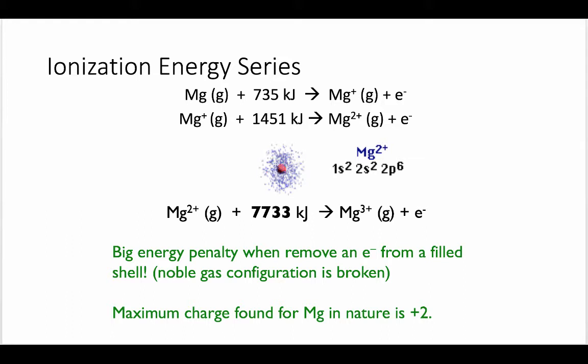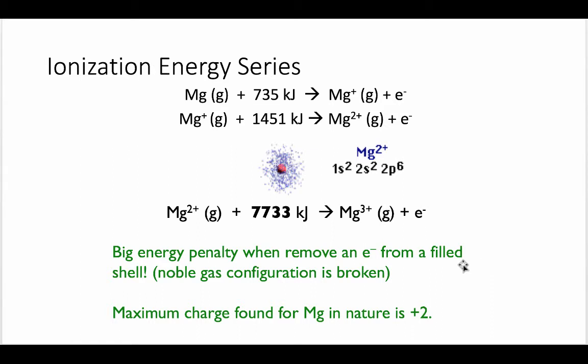If we then look at the third ionization energy for magnesium, we see that instead of increasing, like this one sort of doubled, when we go to Mg 3+, so this third ionization energy, now all of a sudden it requires 7,000 kilojoules of energy.